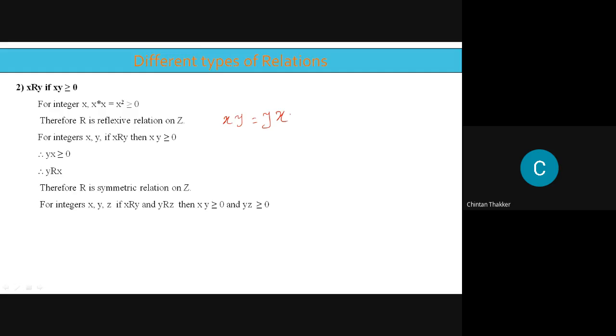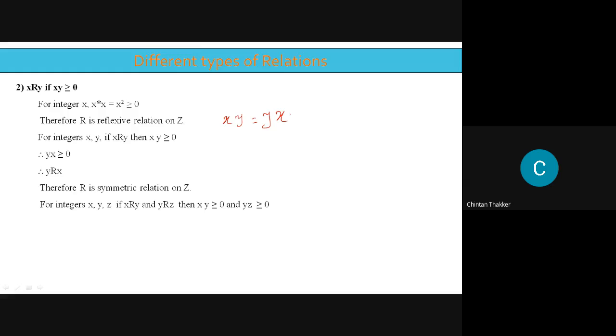Either both are positive or both are negative. Okay. Similar way, y into z is greater than or equal to 0, that means y and z both are positive or both are negative. So both have the same sign. So x and y have the same sign, y and z have the same sign.